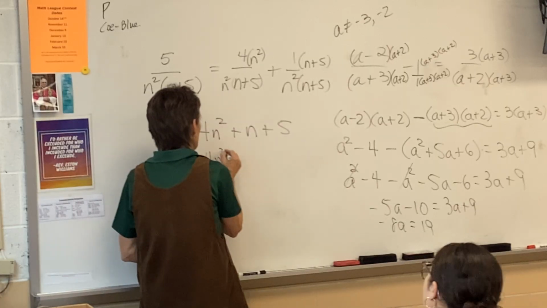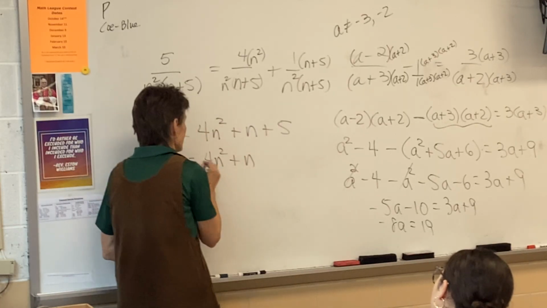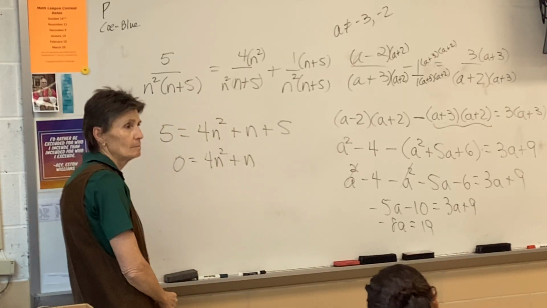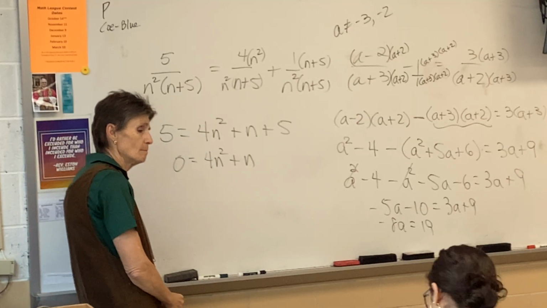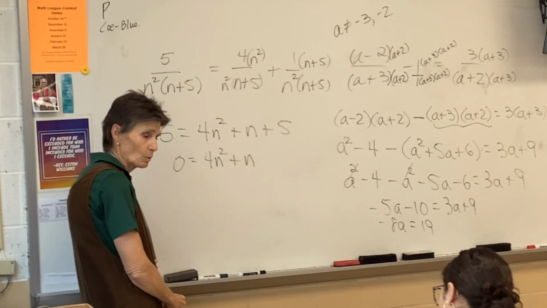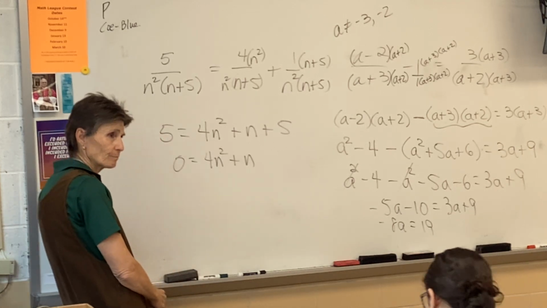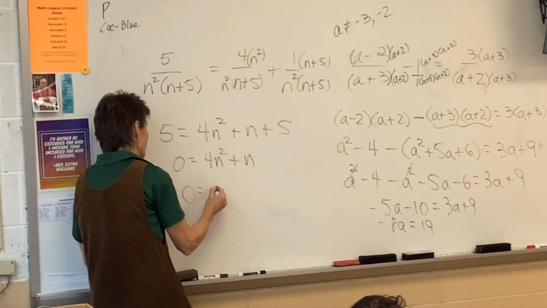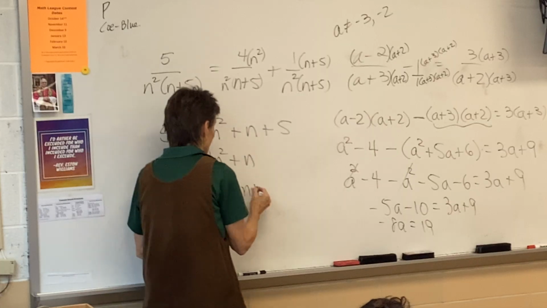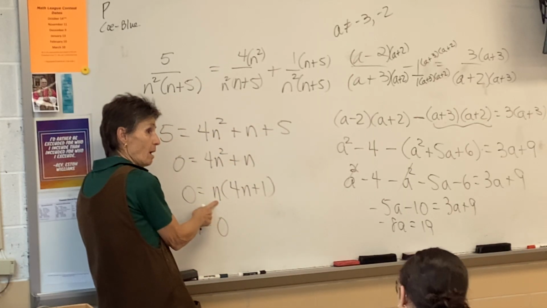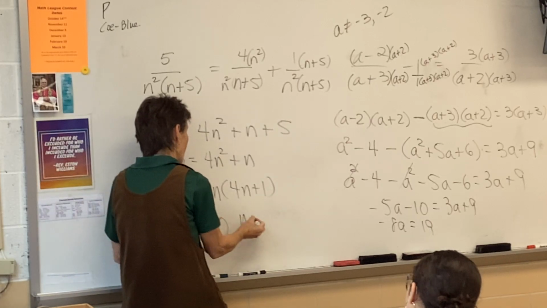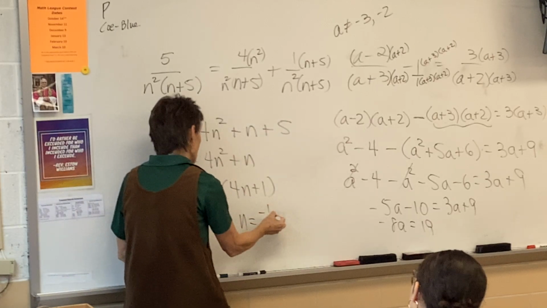So 4n squared plus n equals 0. What do I do with that? Factor out n. And it looks like n equals 0, or n equals negative 1/4.